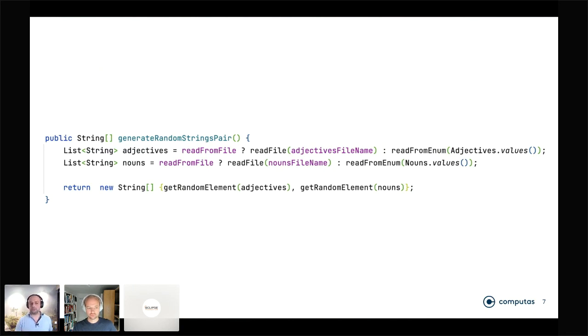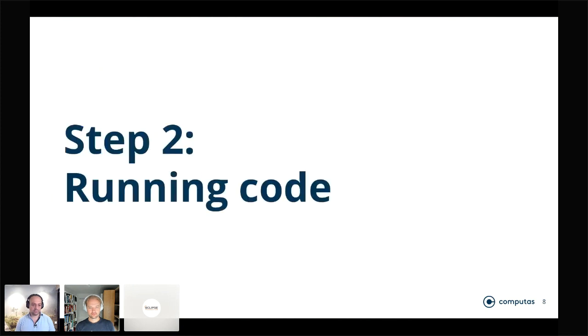But remember, the whole idea was to make it available to people around the world, or to make it available for more than just yourself. So this public static void main thing doesn't really fly well with this kind of requirement. So we need to run it somehow.